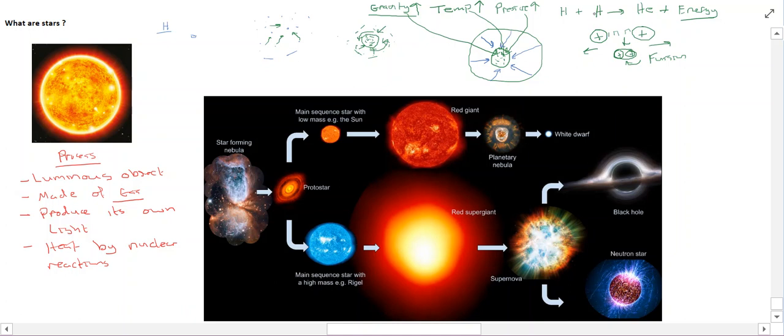But once this ignites and the nuclear reaction starts to happen, it generates an outward force. So you get an outward force like so.